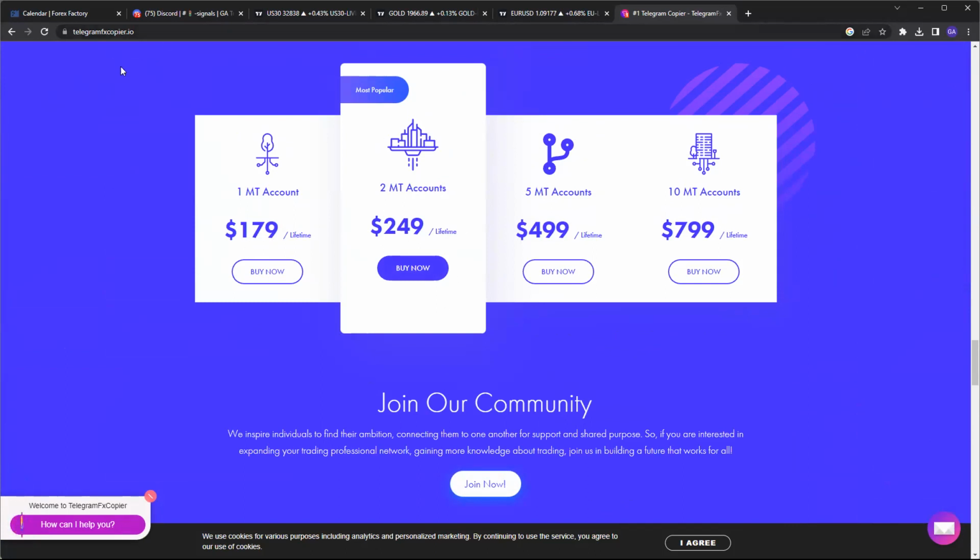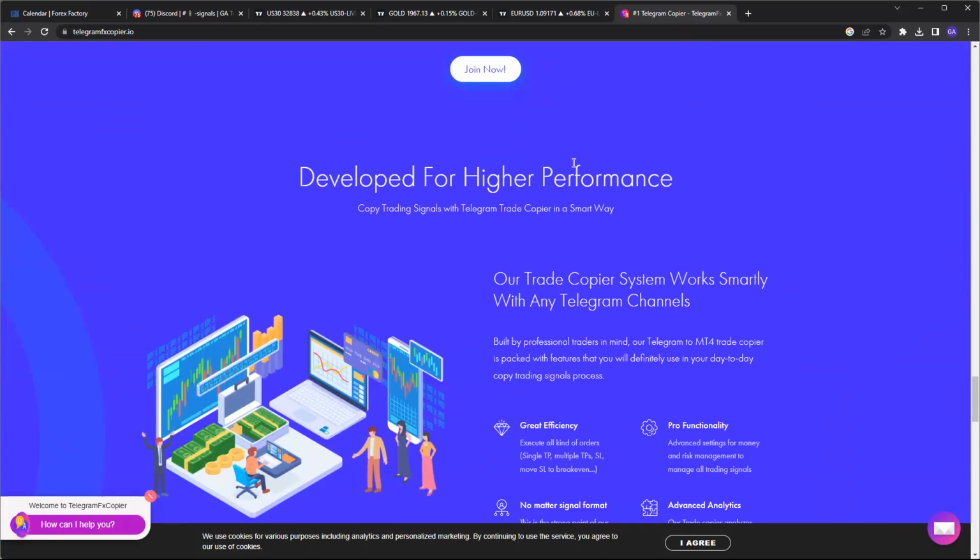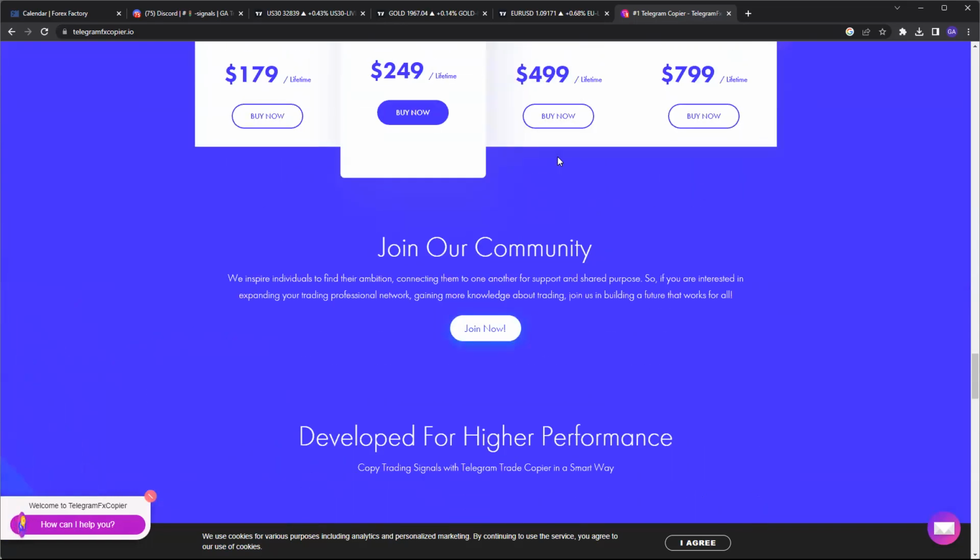Ideally, you just buy them, install them on your computer, and then link them to whatever Telegram signals or Telegram group you're getting the signals from. They definitely have coding inside to help you with take profit, stop loss, and all of that.